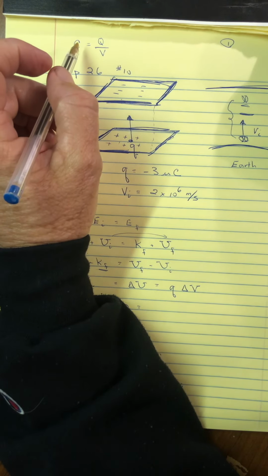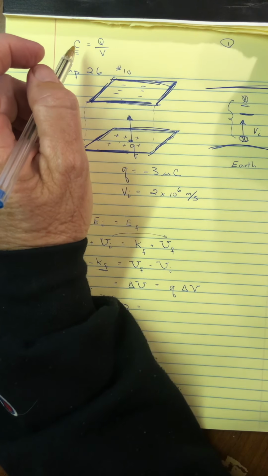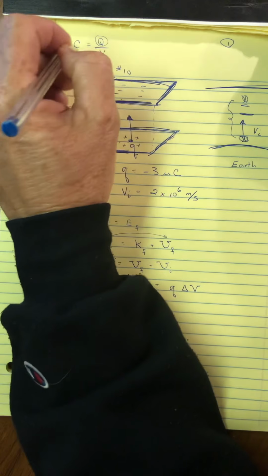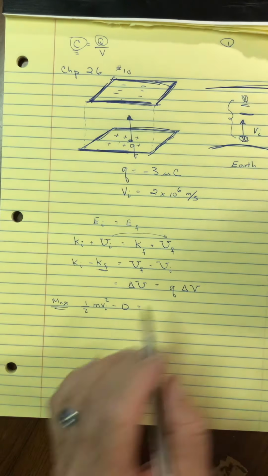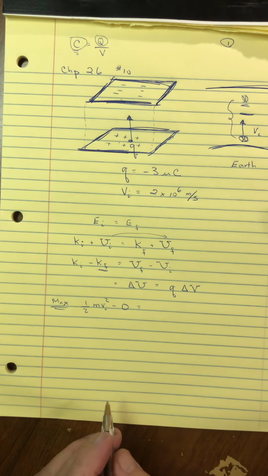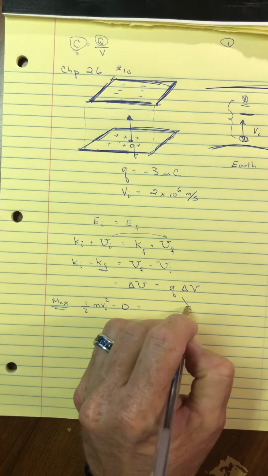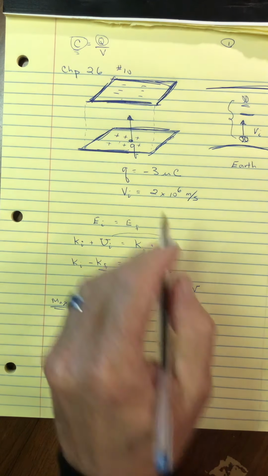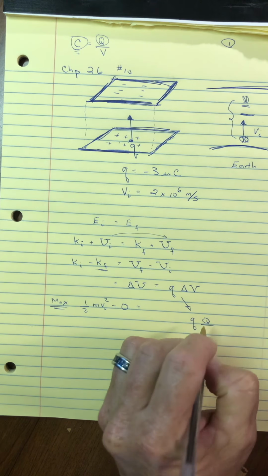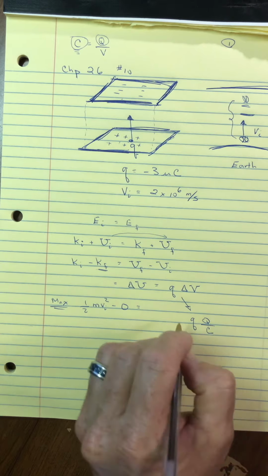So a 10 microfarad capacitor with a plate in a vacuum. Each plate carries a charge of, and they give us the charge. And so they are essentially telling us what the voltage difference is between them. So here's the charge. The potential voltage difference would be the charge we put on the plate divided by its capacitance.